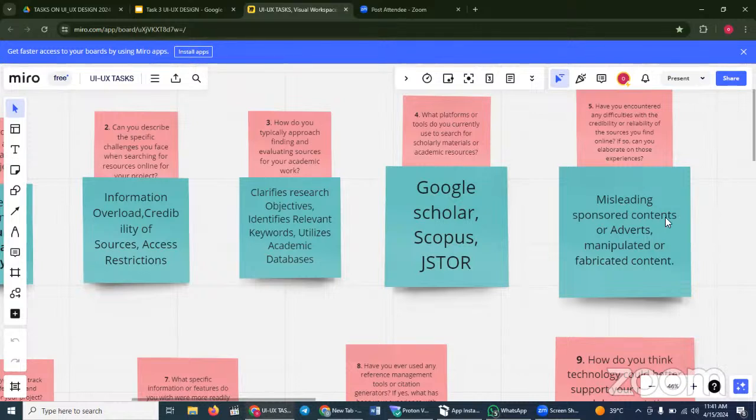Sometimes when he is online, some stuff just pops up and it is usually distracting. They pop up for you to click and possibly divert your attention from what you're originally looking for, even though sometimes he said they are related. And then secondly, there are some manipulated or fabricated content.